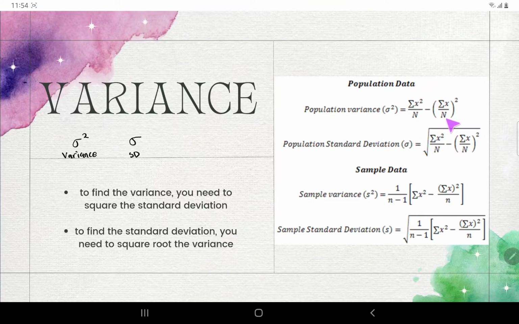Similar but not the same. Here are the formulas for sample variance and sample standard deviation, which are likewise similar, with the square root only in the standard deviation.